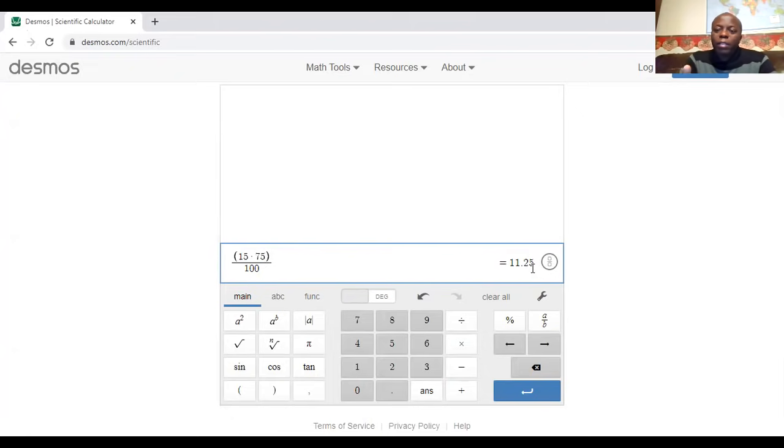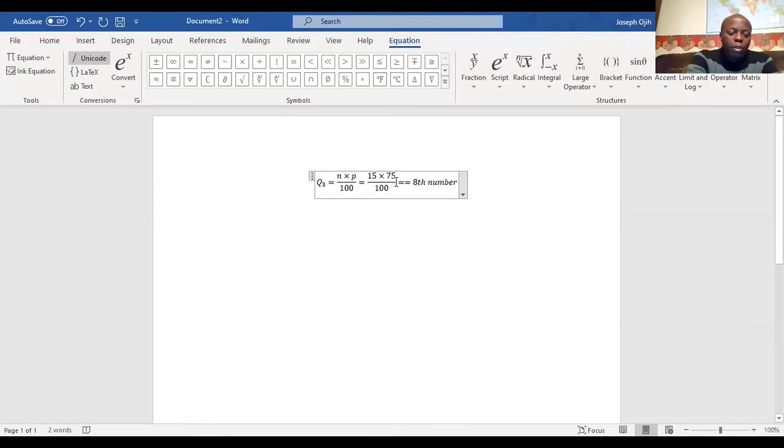If you don't have a decimal part, like if the answer here is 11, then you use the 11th plus the 12th number divided by 2. That will give you the quartile. So 11.25 means it's going to be the 12th number, which will be our third quartile.